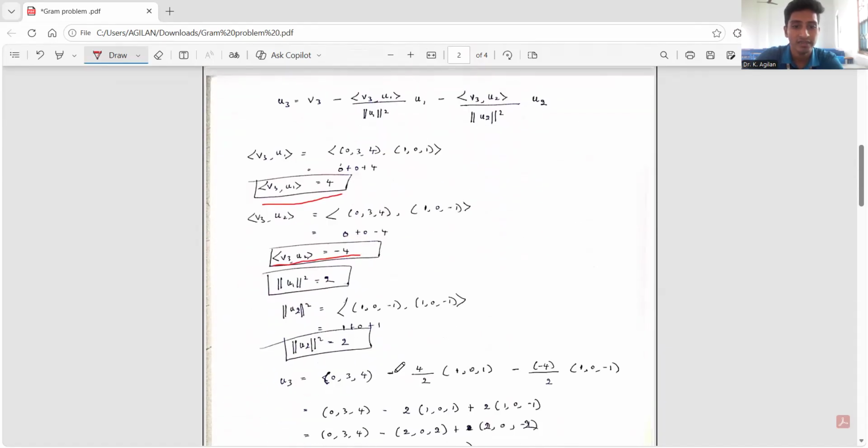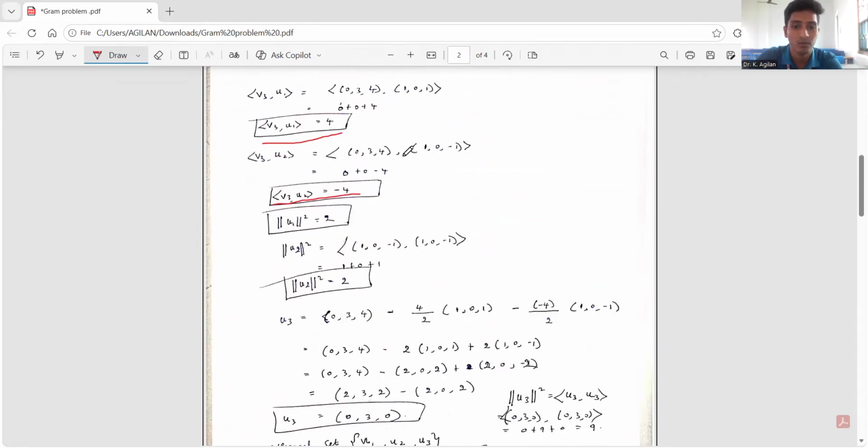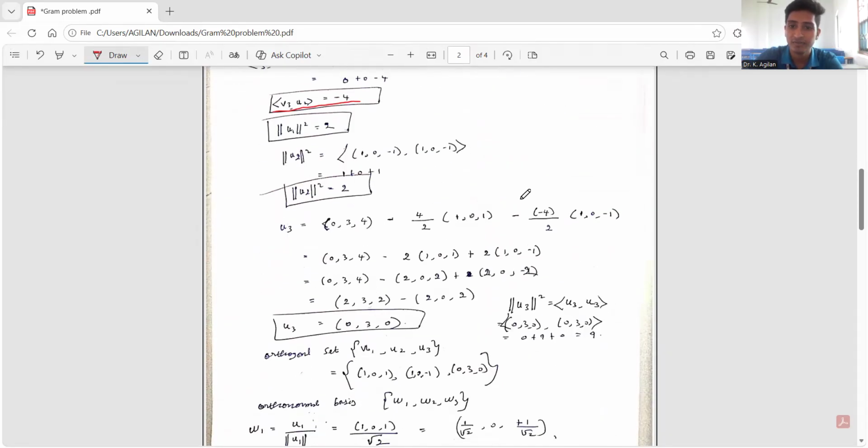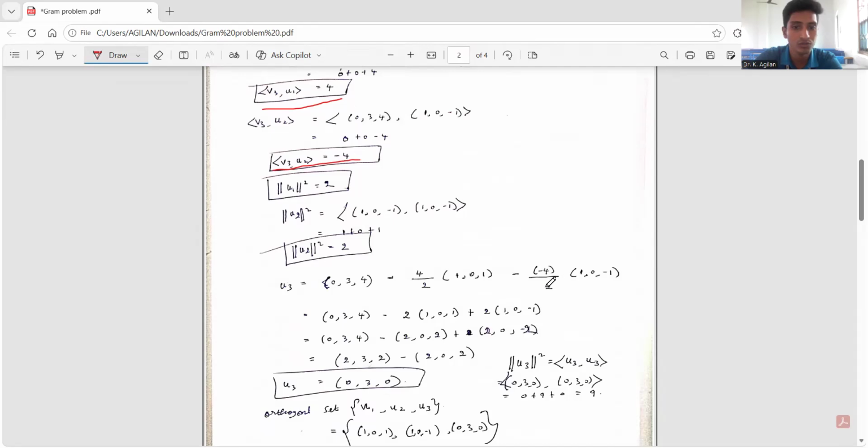Then inner product of V3 comma U1 is nothing but 4 divided by norm of U1 square, which is 2, right? And U1 is nothing but V1, 1 comma 0 comma 1. Similarly, we substitute the inner product of V3 comma U2, which is minus 4, again norm of U2 square is nothing but 2.